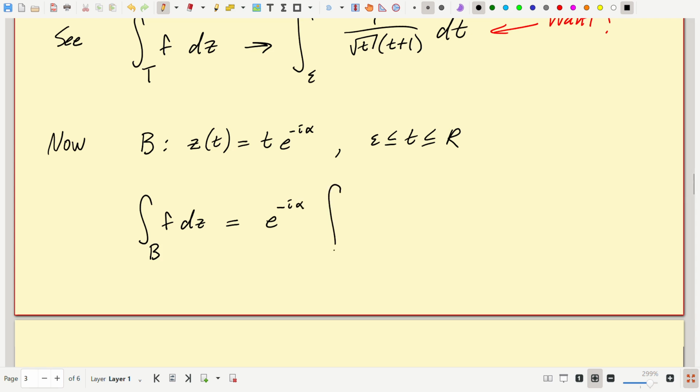But then I'd get the integral from epsilon to R, and here I'd get 1 over, let's see, this would be e to the 1/2. This would still be the log of t. But then this time, let's think about what angle I get.